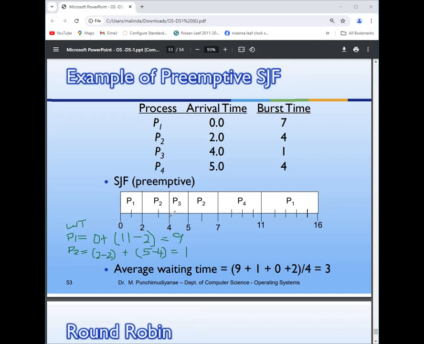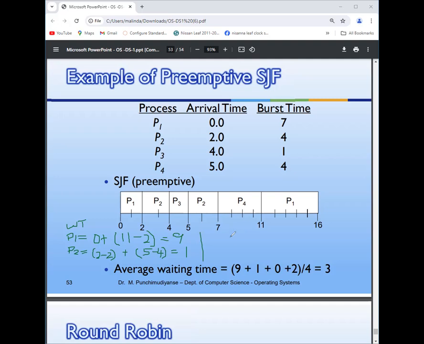After the 4th millisecond, it has to wait until the 5th millisecond to run again, and after that it completes. So P2's waiting time is 1 millisecond altogether, right? Is that clear? P2's waiting time?